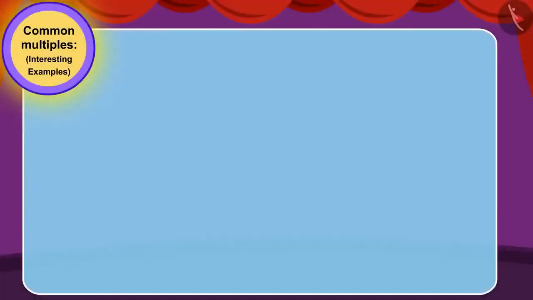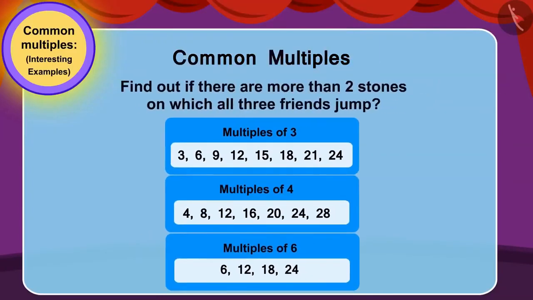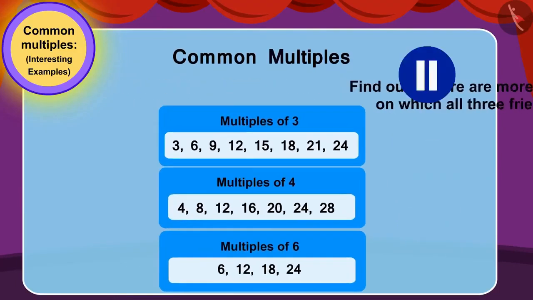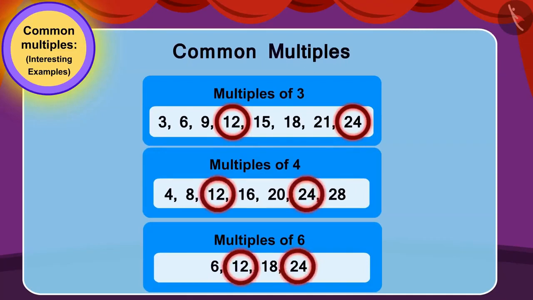Now, can you find common multiples of these three numbers and find out if there are more than 2 stones on which all three friends jump? You can find the answer by pausing the video. Yes, 12 and 24. 3, 4 and 6 have these common multiples.